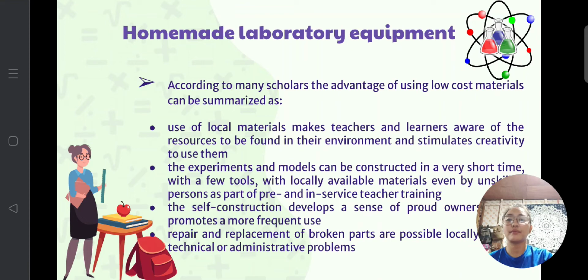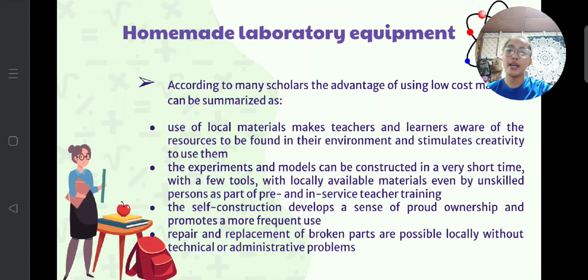Then, experiments and models can be constructed in a very short time with a few tools and locally available materials, even by unskilled persons, as part of pre-service and in-service teacher training.